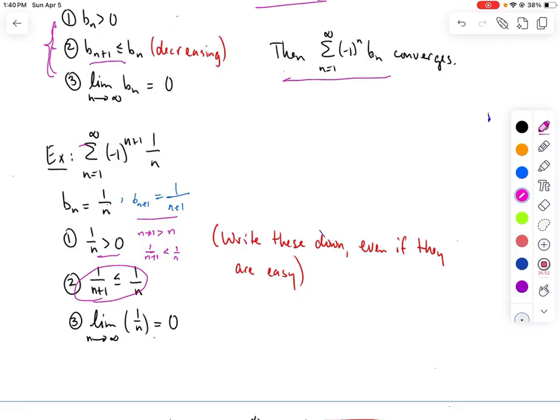And the third is that the limit of b_n as n goes to infinity is equal to 0, which is true because the limit of 1 over n is 0.